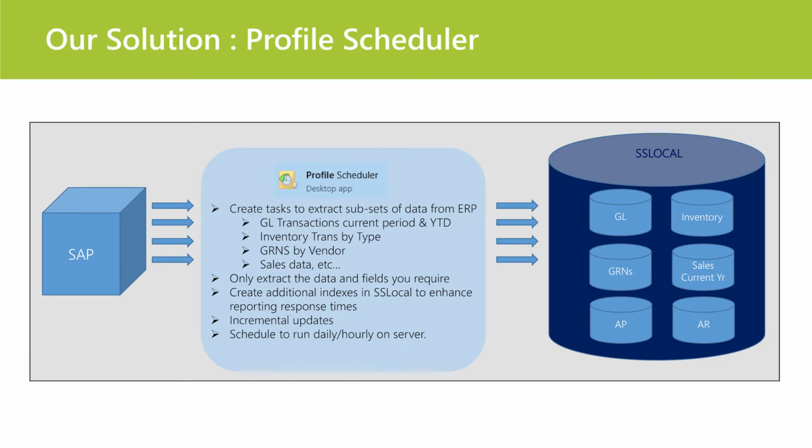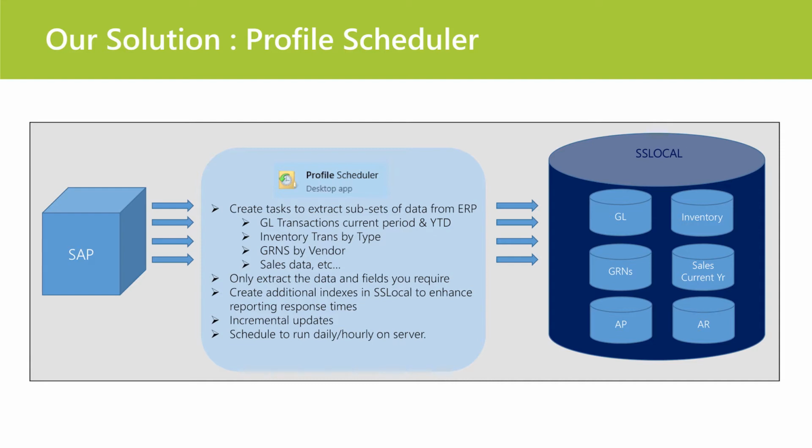Here's a diagram of what we would do as an alternative to that, where you have your native SAP database, and what we can do with Profile Scheduler Custom Table Load is pull data out of that and put it into a SQL Server database.